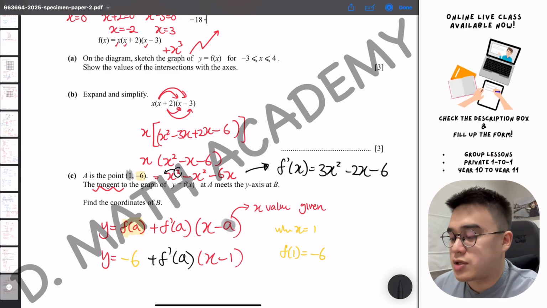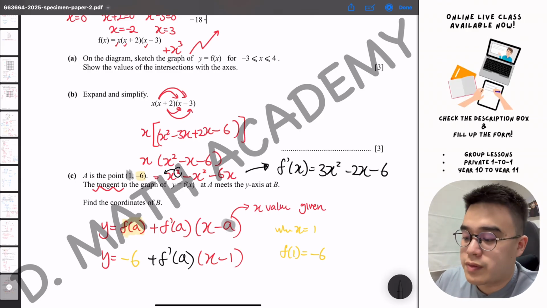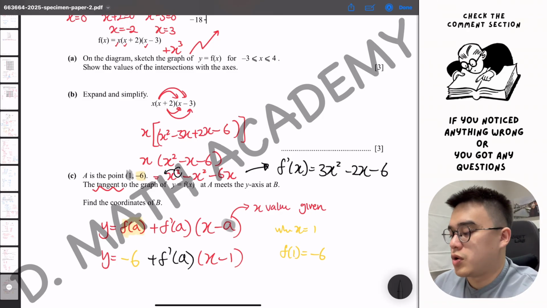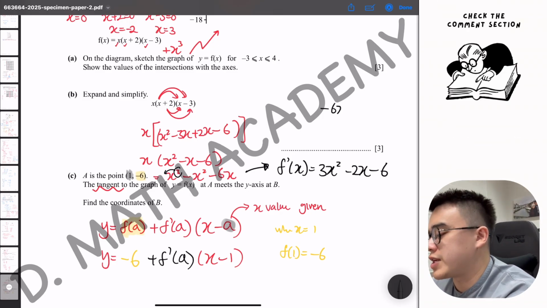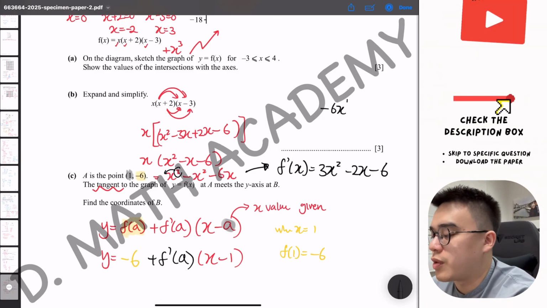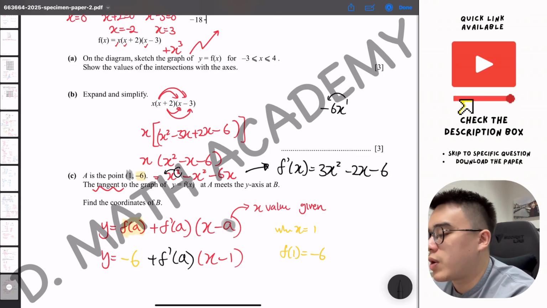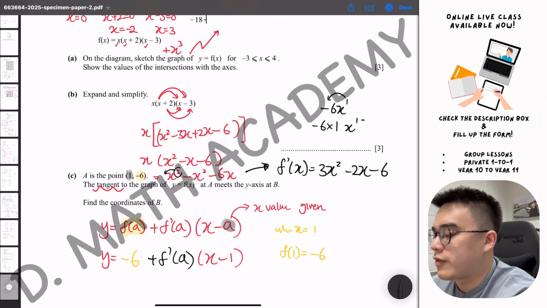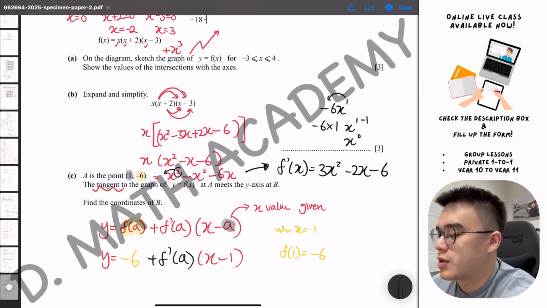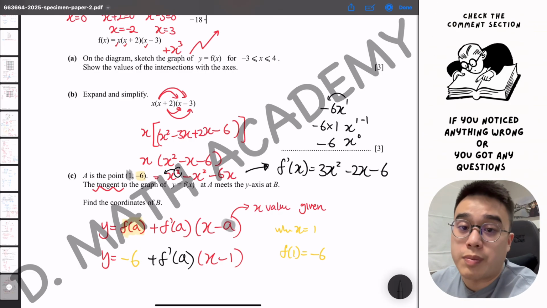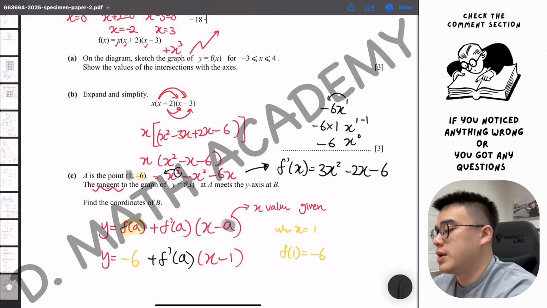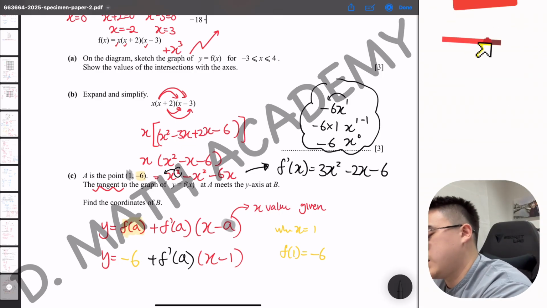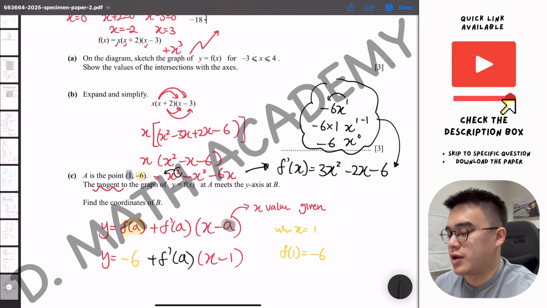And in this process of transferring, the power will reduce by 1. So over here, okay, -6x might be the one that students confuse the most. Okay, you're transferring the 1 to the front, making it -6 times 1. X to the power of 1, after minusing 1, it will become 0. So do take note that anything to the power of 0 is actually 1. That's why we have a -6 here.